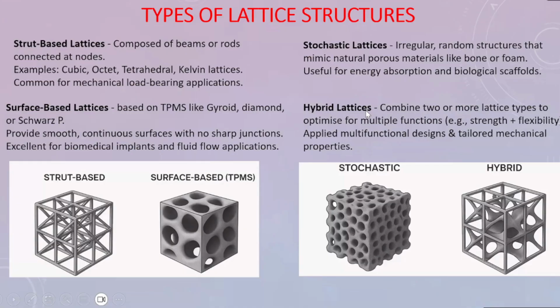And if you have hybrid lattice structures, which are a combination of one or two unit cells, you can see this strut based and surface based combined, and you can make a combination of strength and flexibility for tailored mechanical properties. People have been working on this kind of lattice cells.